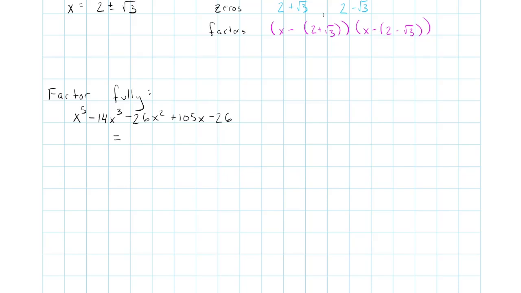And now we know that that factors as x squared plus 6x plus 13, the irreducible quadratic we were given, times x minus 2 times x minus 2 plus root 3 times x minus 2 minus root 3.